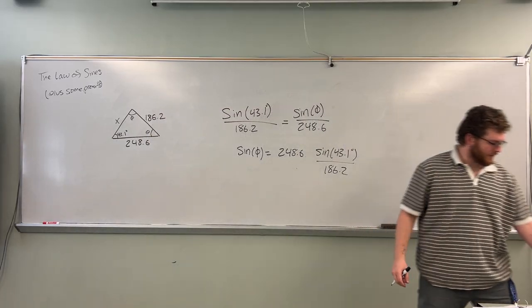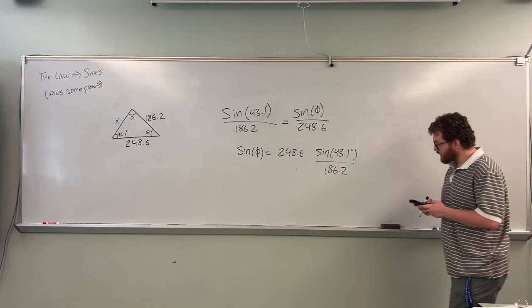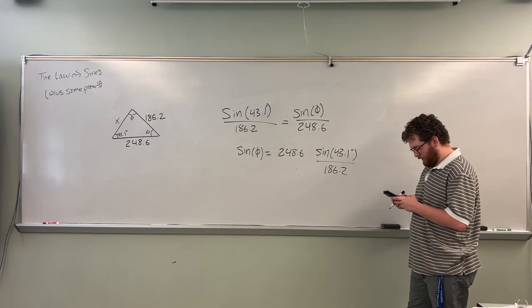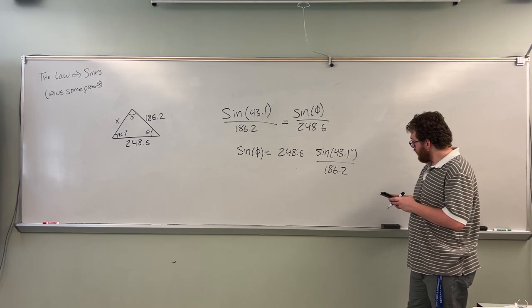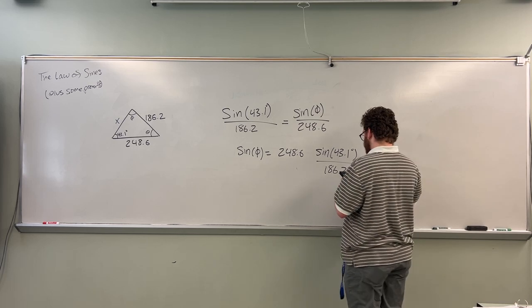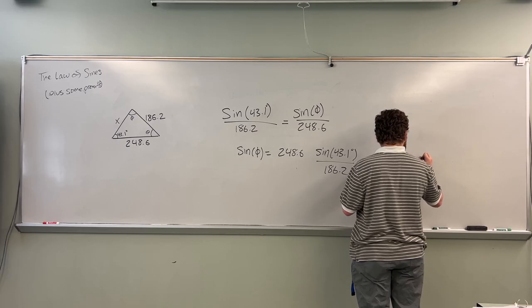I can punch this into my calculator. 248.6, and I have sine 43.1 divided by 186.2. And I get 0.91225.